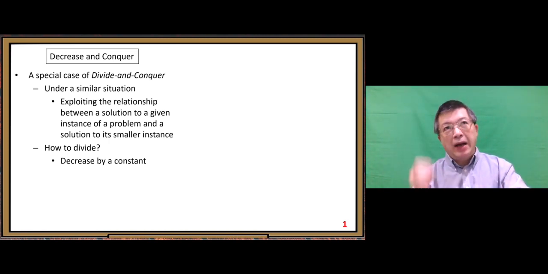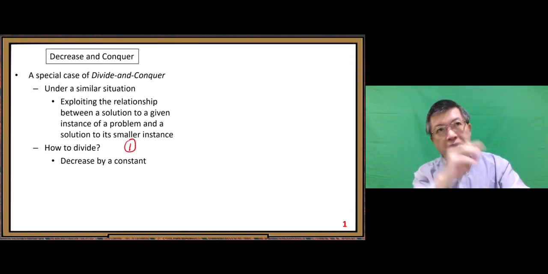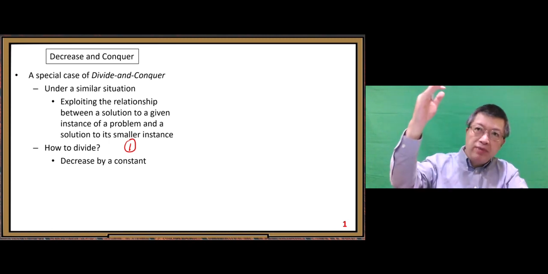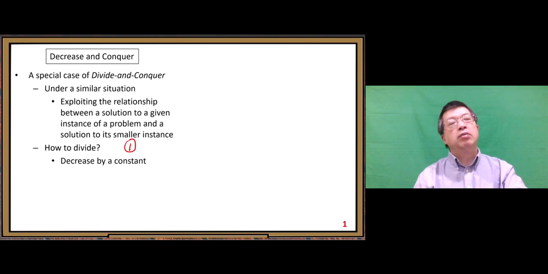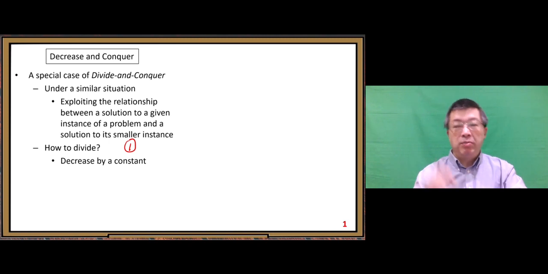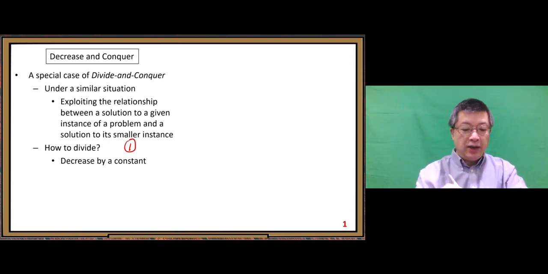Most of the time, that constant is 1, because that's the most popular size reduction. Reduce the problem size exactly by 1. There are other smaller cases, so you can reduce by more than 1. That's possible, but the percentage is much smaller. All right, so that's the decrease by a constant.